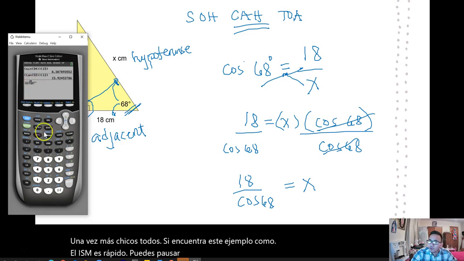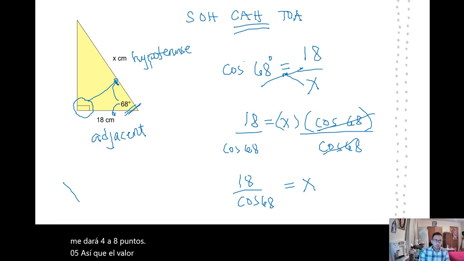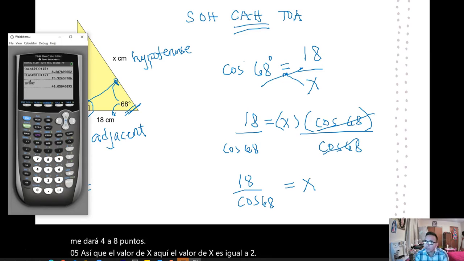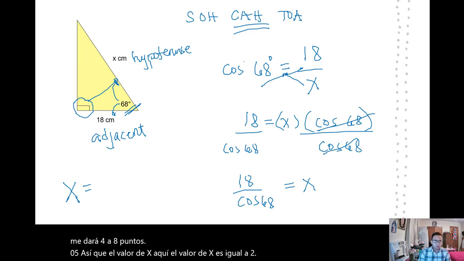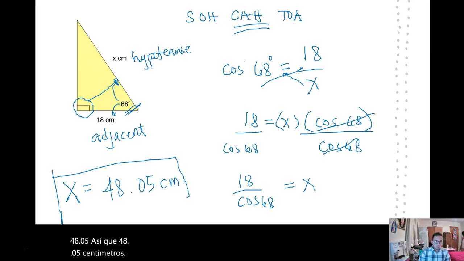So 18 over cosine 68, if I enter that, it will give me 48.05. So the value of x here is equal to 48.05 centimeters. You can pause this video, guys, to copy our example.